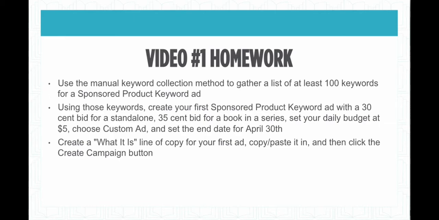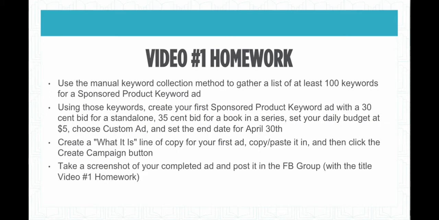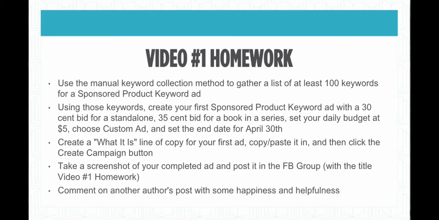Copy paste it in, click the create campaign button. Take a screenshot of your completed ad, post it in the Facebook group with the title Video Number 1 Homework. And then please comment on another author's post with some happiness and some helpfulness.